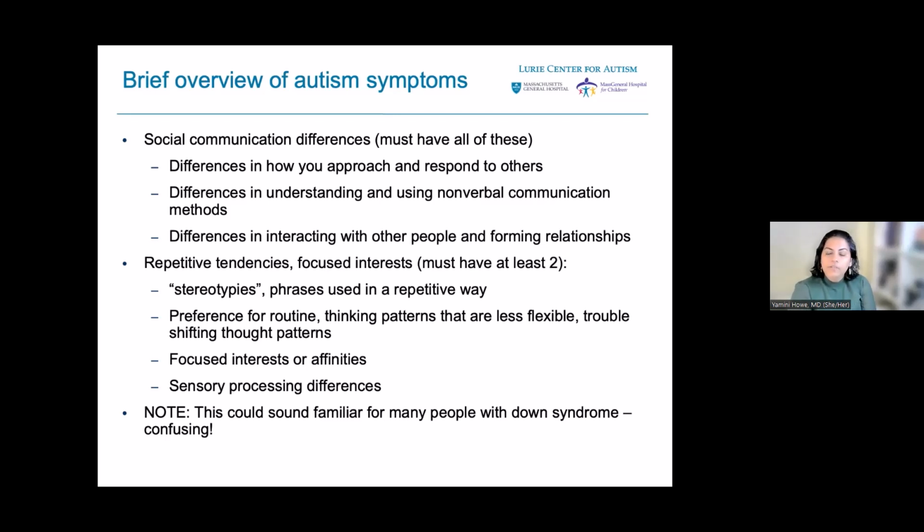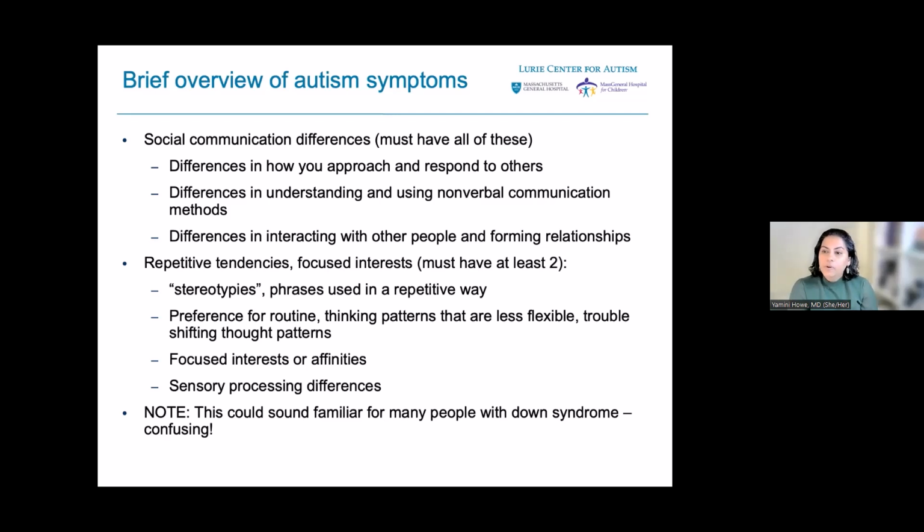So what we've seen over time is that although it's possible to have all these symptoms without autism, in people with Down syndrome and autism, generally these symptoms are a lot more pronounced and a lot more impairing. Many people with Down syndrome, as we know, can be very social, even if they do have limited spoken language and more impactful intellectual disabilities.